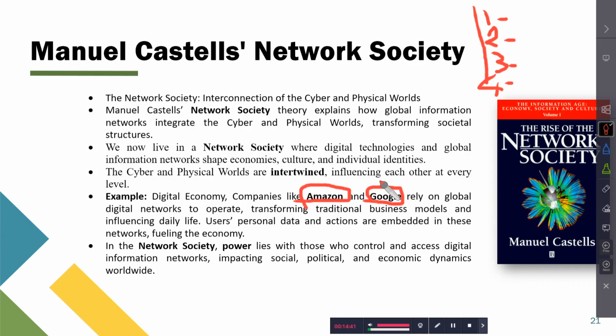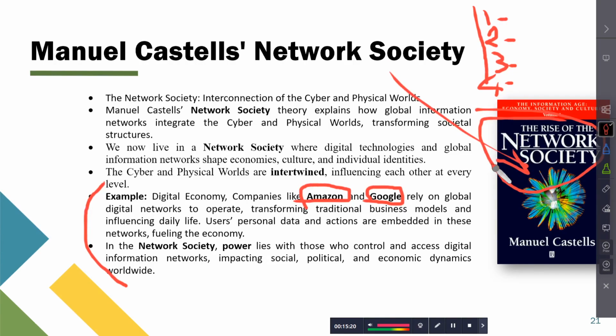Let me give you some examples, like social media platforms. Companies like Facebook, Twitter, and Google embody the network society, connecting billions of people, collecting data, shaping global information flows. So many social platforms are examples of this concept he mentioned, network society.